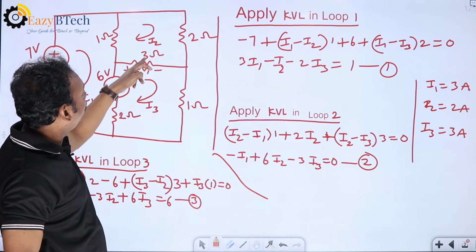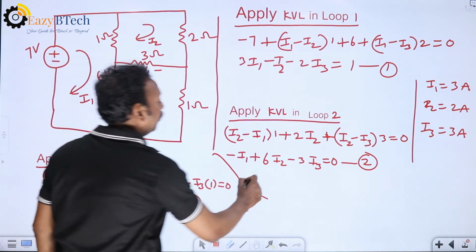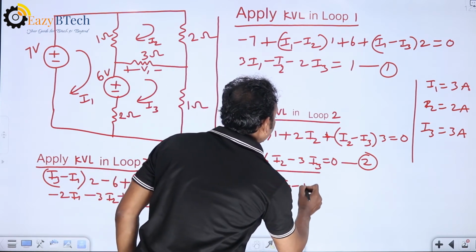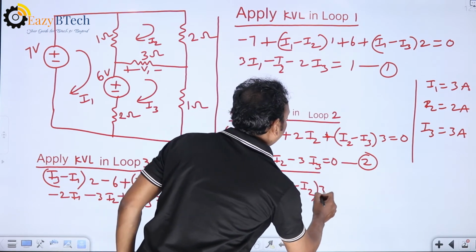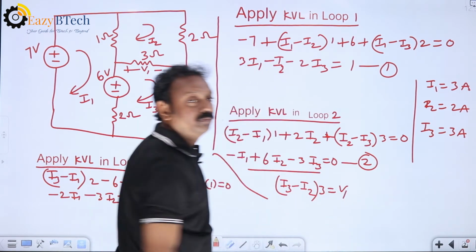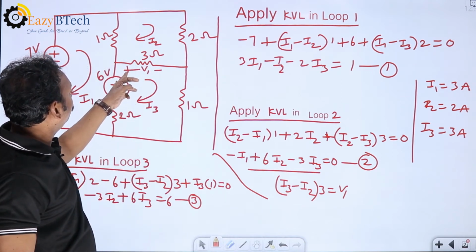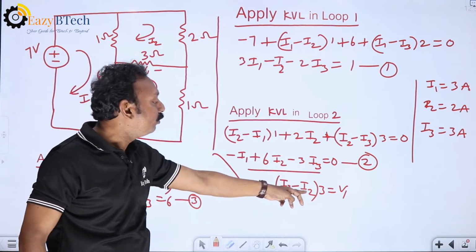So the difference between these two currents into the resistor gives V1. That is, I3 minus I2 into 3, because I3 is the current going to positive, leaving from negative, whereas I2 is entering into the negative. That's why I3 minus I2 into 3.